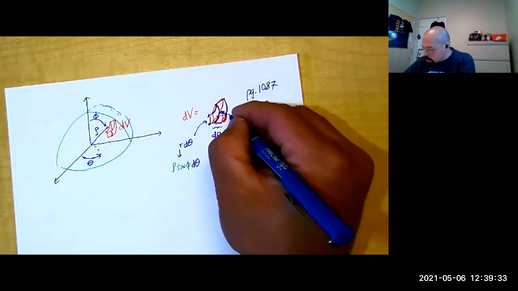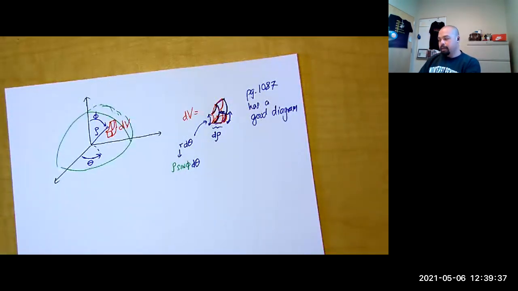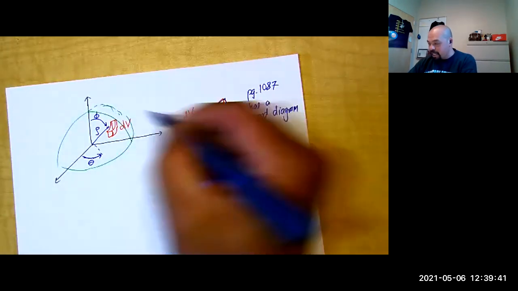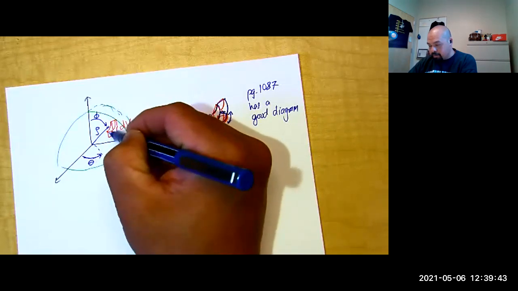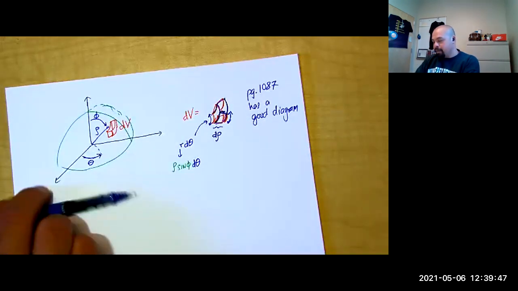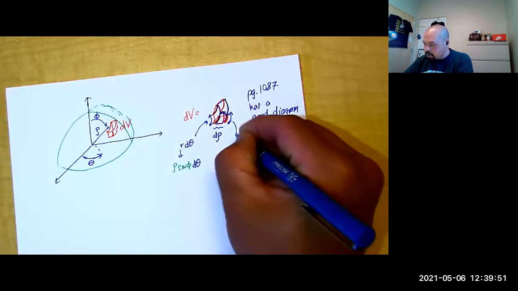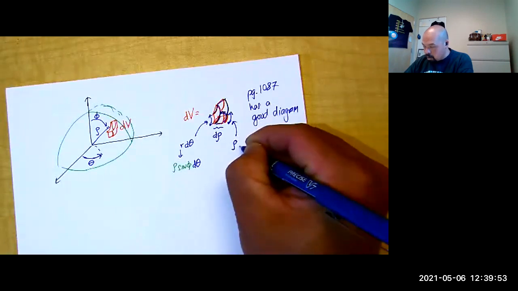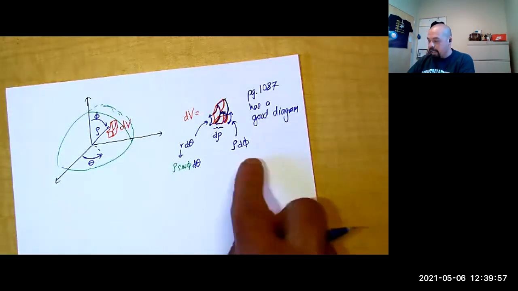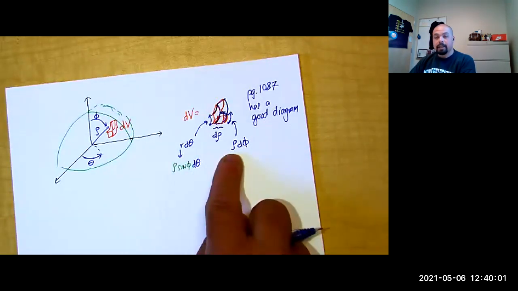But now there's also some arc here, how far we're changing in that phi direction, how far from the top to the bottom. Because there's some arc to it, this is when you get a rho d phi, just like we had r d theta.